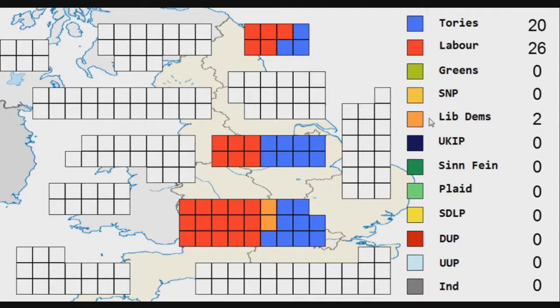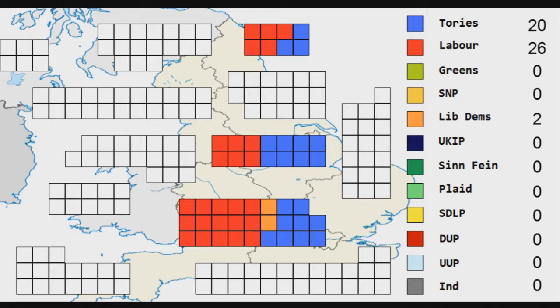So the Lib Dems will benefit a decent amount from this system compared to Labour and the Tories. I think maybe Labour will do around the same, but the Tories don't do quite as well in this kind of system, mainly because a lot of their votes end up going to the Lib Dems, because that's just the way it works.